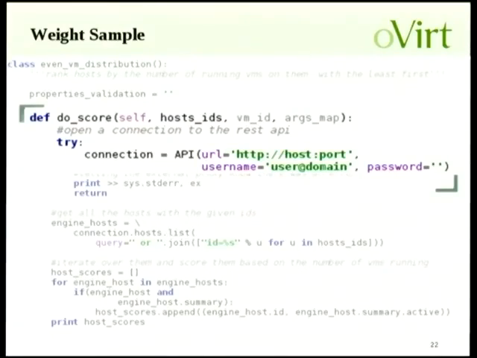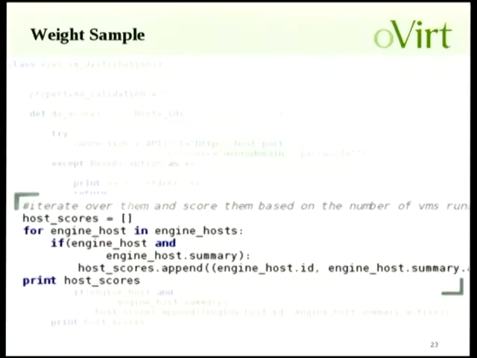We connect to the SDK, and then the logic of the weight is basically we iterate over all the hosts, and we append to a list a tuple of the host ID and the weight of that host. Here it's a little bit cut, but the weight of the host is the number of active VMs on that host. So it will be ordered by the number of running VMs within that host.